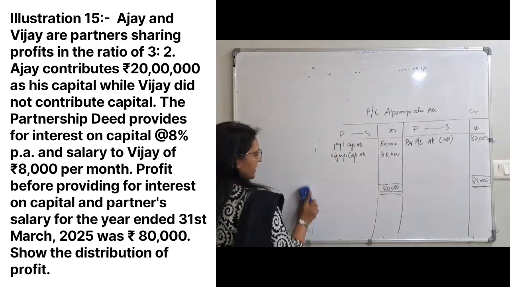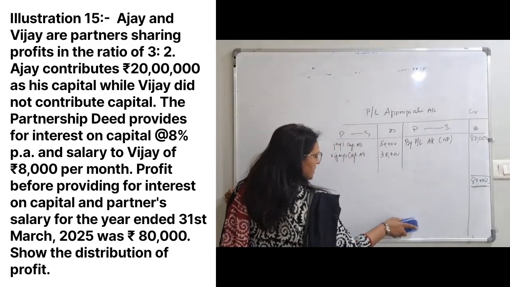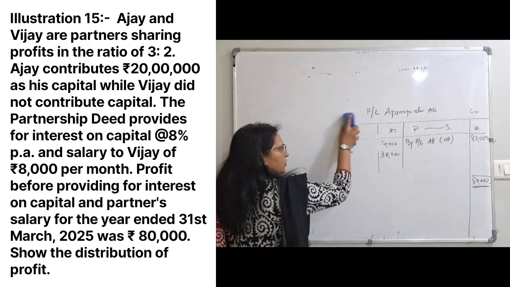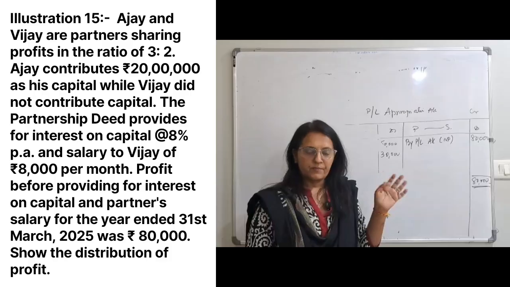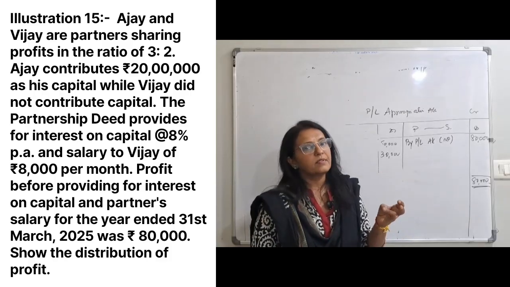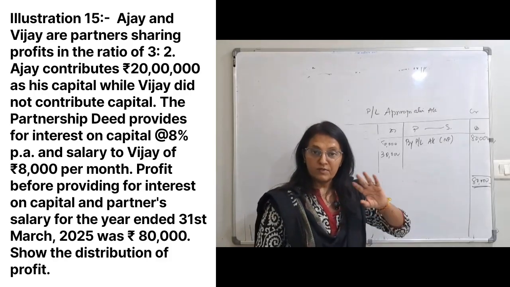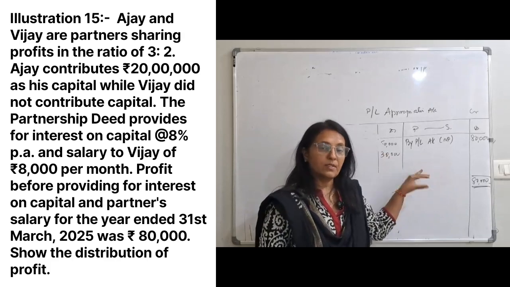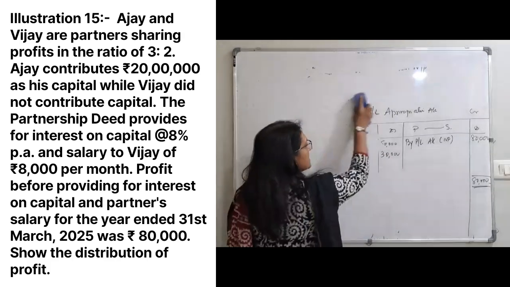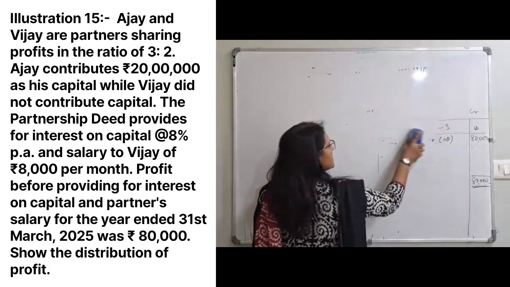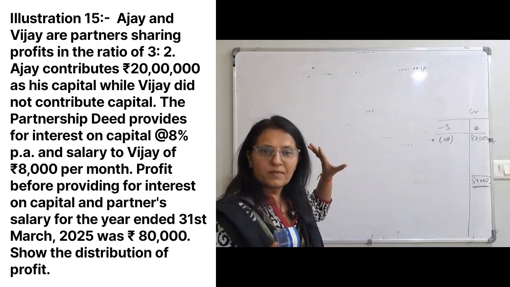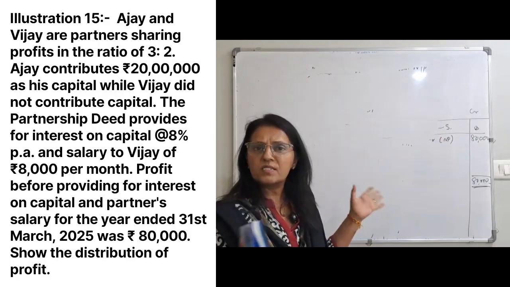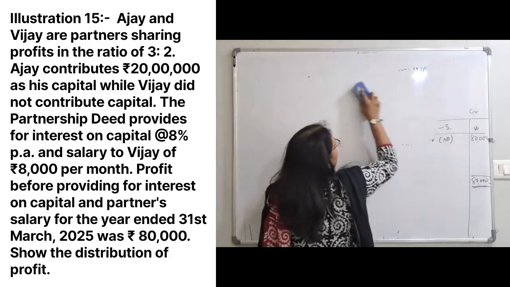This topic, partners capital account, which I am going to show, will be useful in all the further chapters. Admission of a partner, retirement, death of a partner, even dissolution, when the firm is closed, the capital account will still come. So this is very important. Once you learn this capital account, for all the chapters this topic is done. 5 chapters.